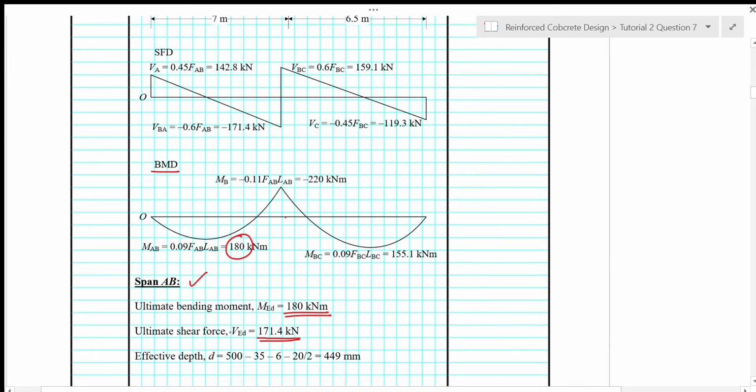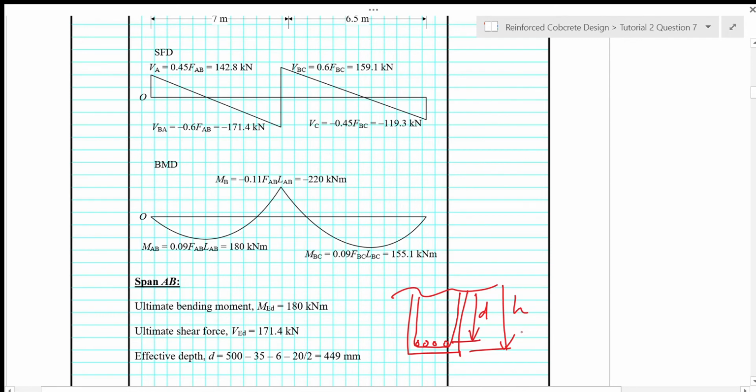And the ultimate shear force VED is 171.4 kilonewton based on this value, which is on the left hand side of support B. The shear force at support A is smaller, so we use the larger shear force magnitude in our design. So in design, we don't have to put the negative and positive sign. We just design for the magnitude of the values.